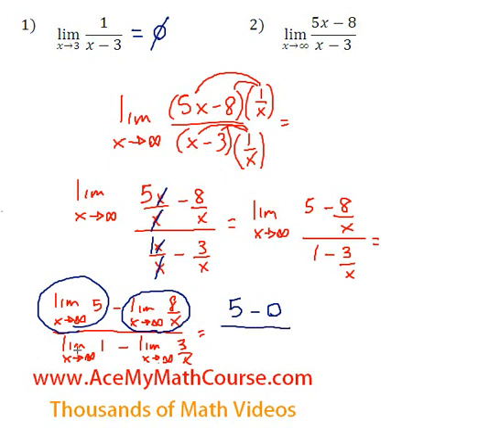Now, the limit as x approaches infinity of 1 is just 1. And just like the top one, the limit as x approaches infinity of 3 over x is just 0 as well. So we end up with 5 over 1, which is equal to 5. That's it. And we're done questions 1 and 2.